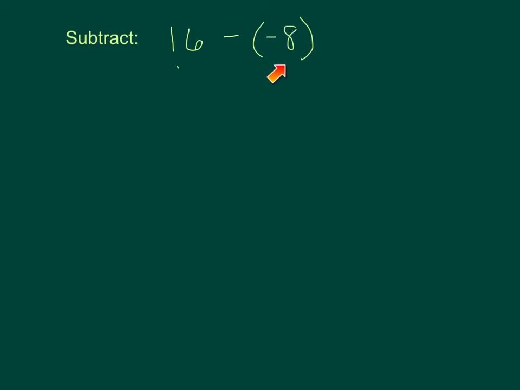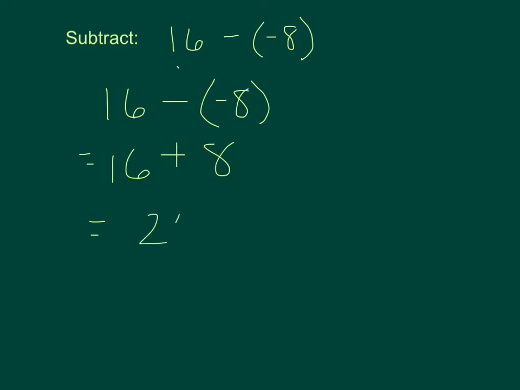Remember, the opposite of negative 8 is going to be positive 8. And subtraction is the same as adding the opposite. So we're now going to add positive 8, because subtraction is the same as adding the opposite. And we now have 24 positives.